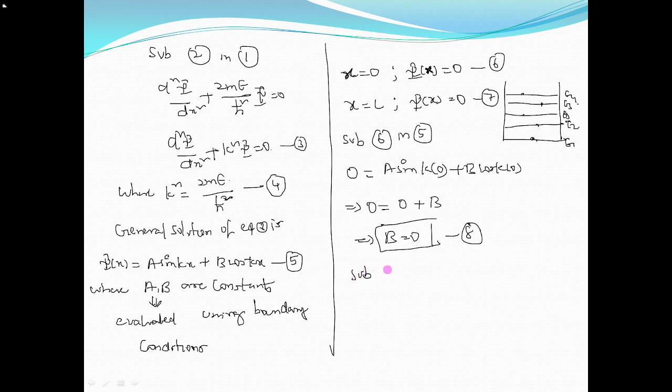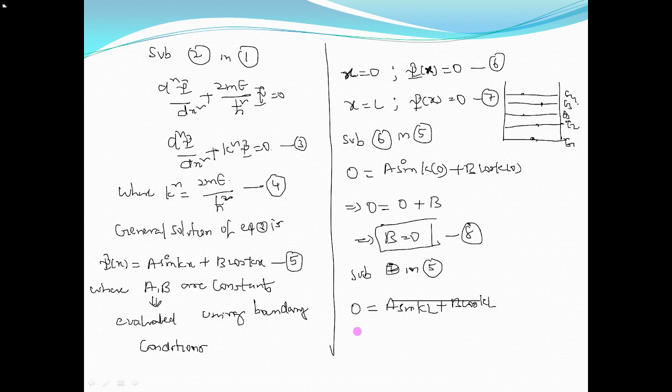Now substitute equation 7 in 5, meaning in place of x you keep L and in place of psi of x you keep 0. I will get 0 is equal to A sin kL plus B cos kL.